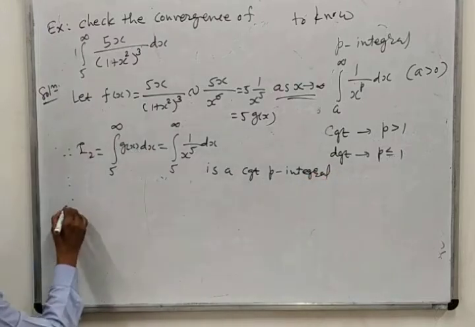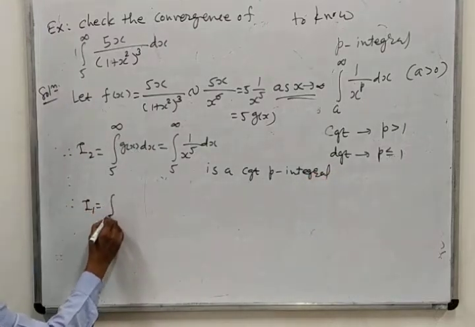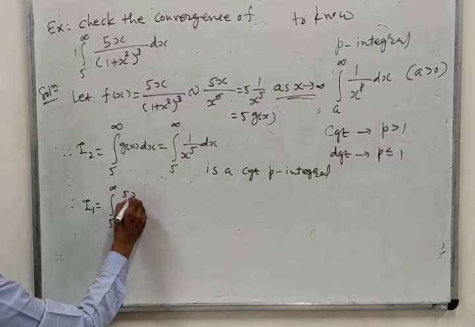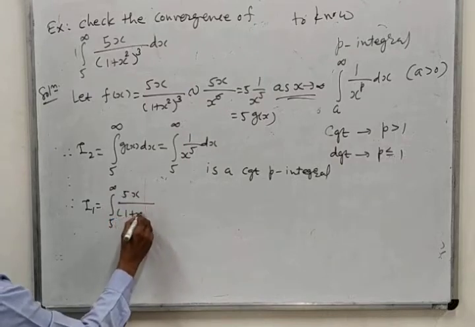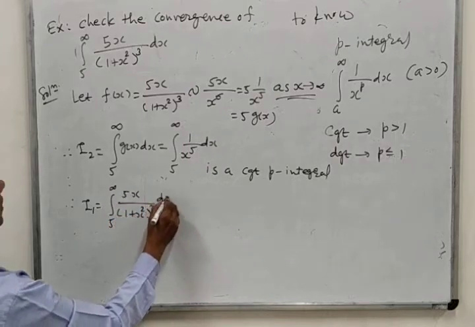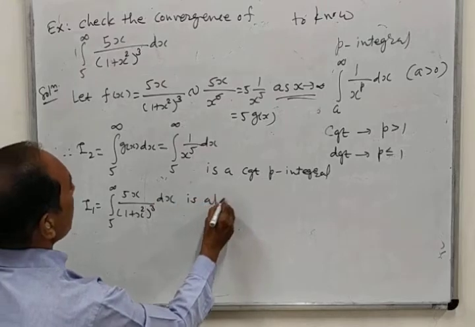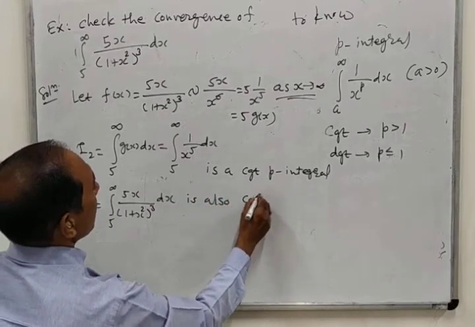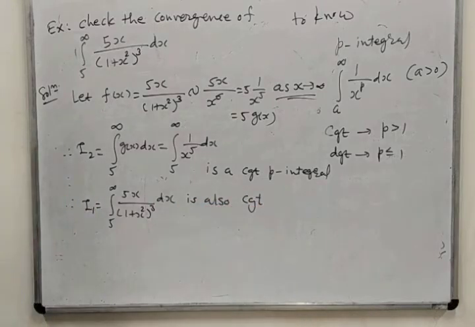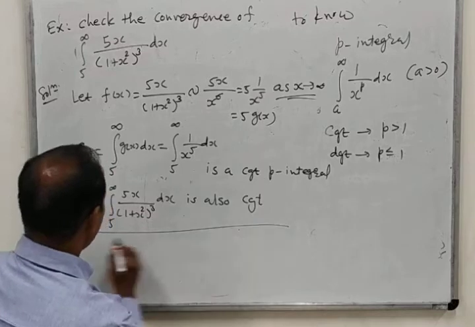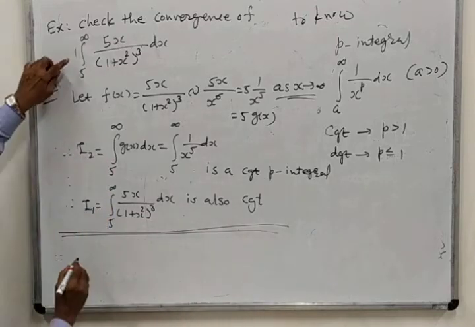And therefore I1, the integration from 5 to infinity of 5x upon (1 plus x square) whole cube dx, is also convergent.